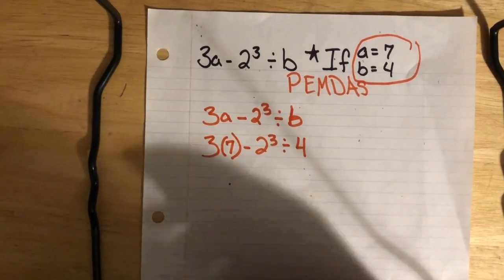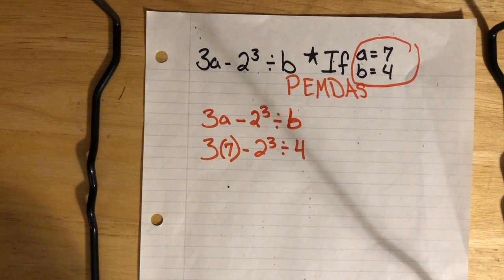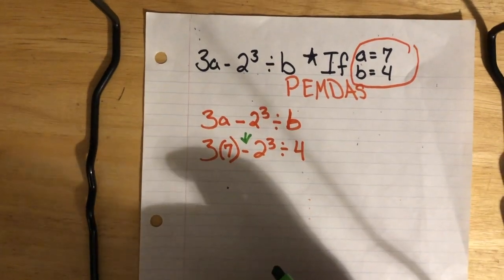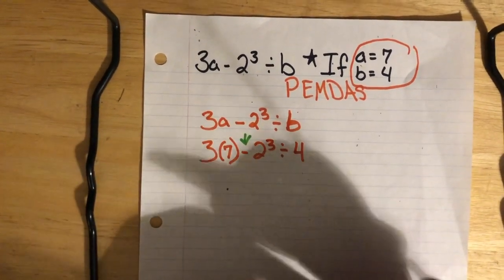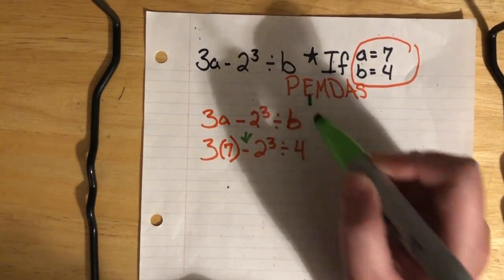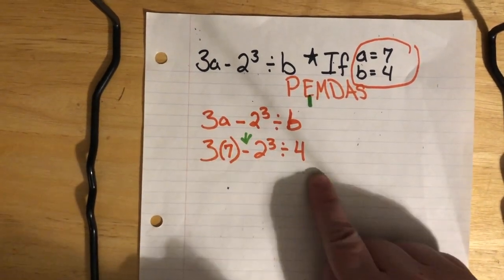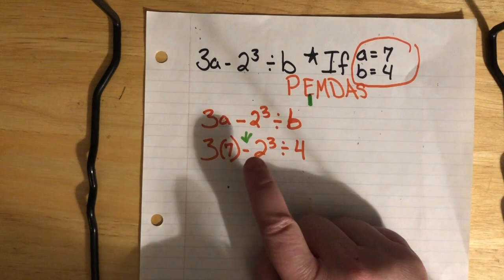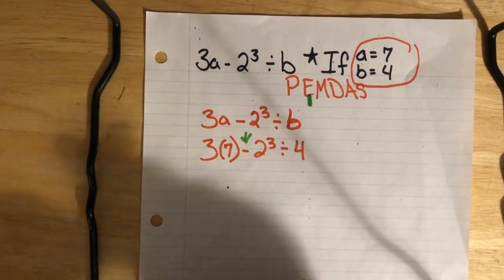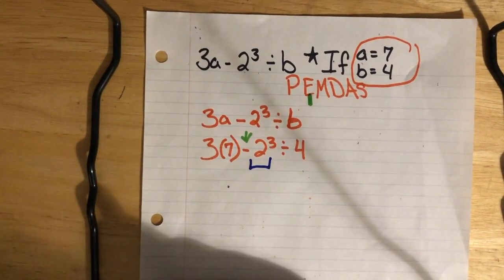Now, some of you I've talked about this with, others I have not. This sign right here has two purposes. Because if we're doing PEMDAS, there's no parentheses, we have an exponent. Now, in this equation, it is subtraction. But if we are looking strictly at this piece, this now becomes a negative.